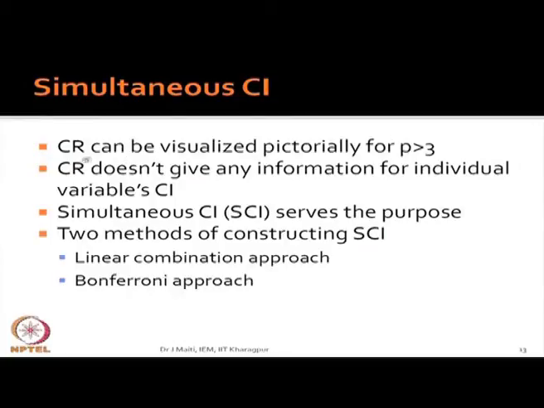What is given here? The confidence region can be visualized pictorially, but for higher p it cannot be visualized. The confidence region does not give any information for individual variables' confidence intervals. Simultaneous confidence interval serves the purpose. There are two methods of constructing SCI: one is the linear combination approach, the other is the Bonferroni approach.